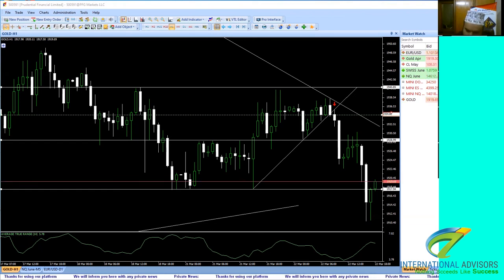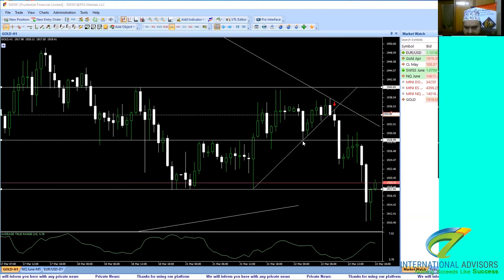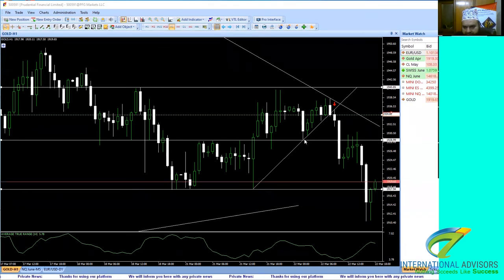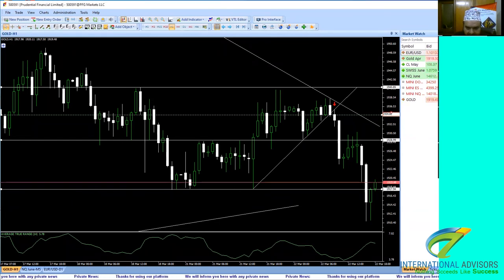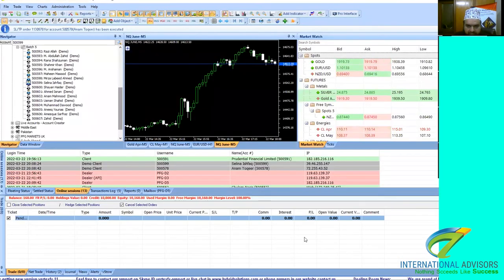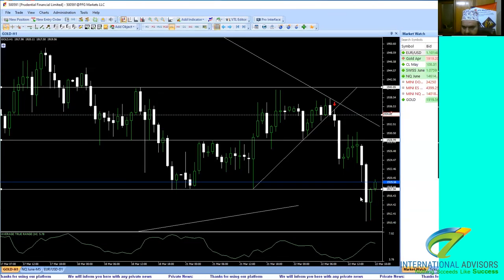Okay, 0.34. Now what you can do, this is your T1, this is T2. So you can liquidate 50% of positions here manually. Let's practice this as well. I'll have to execute.